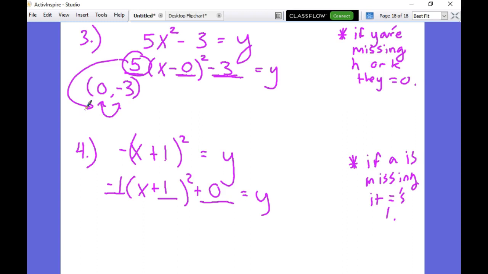Guys, can I have all side conversations stop at this time? We're going to go over these. You guys should be checking your work right now. Alexis, wide, stretched, or normal? Since this is greater than 1, it's going to be stretched.